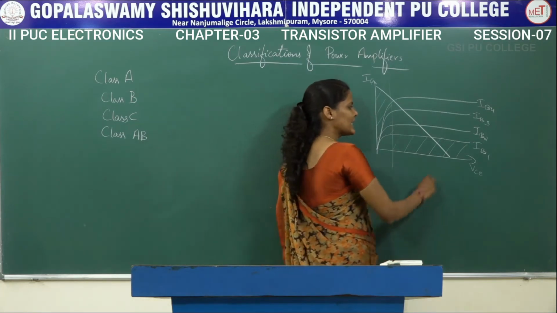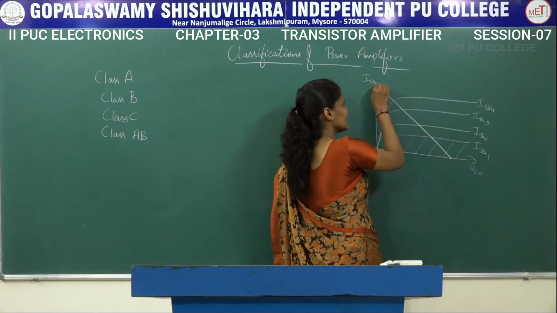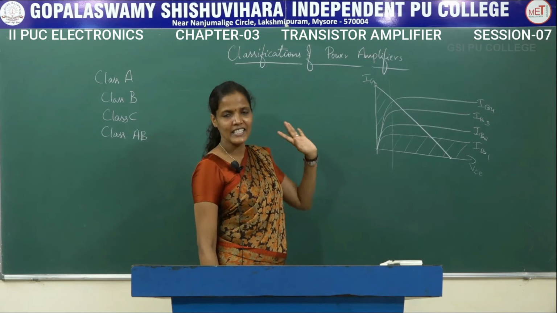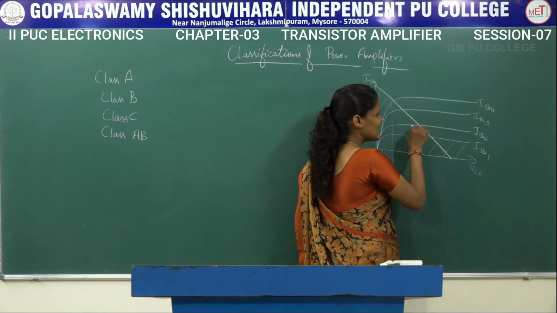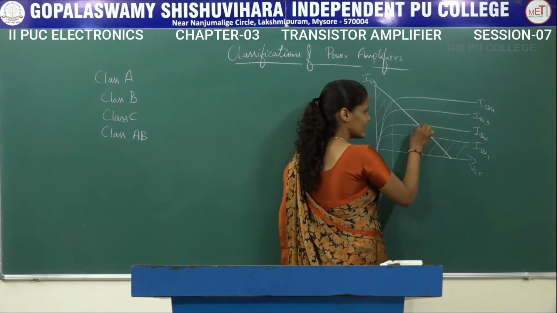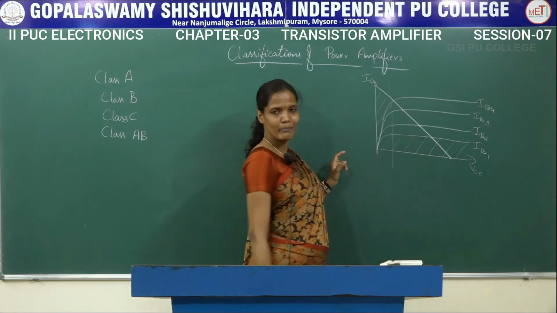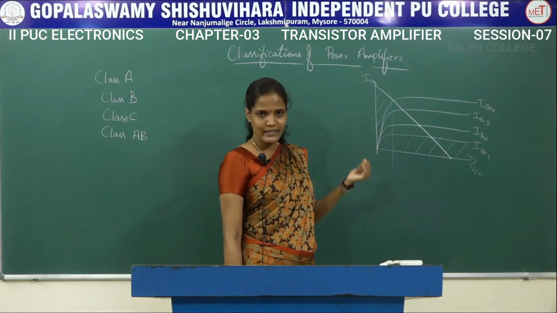This straight line gives me 2 points, one on the x-axis, the other one on the y-axis. We have seen this in detail in the second chapter. Here this DC load line will intersect the output characteristics at different points. So in 4 different places this DC load line is intersecting the characteristics curve.